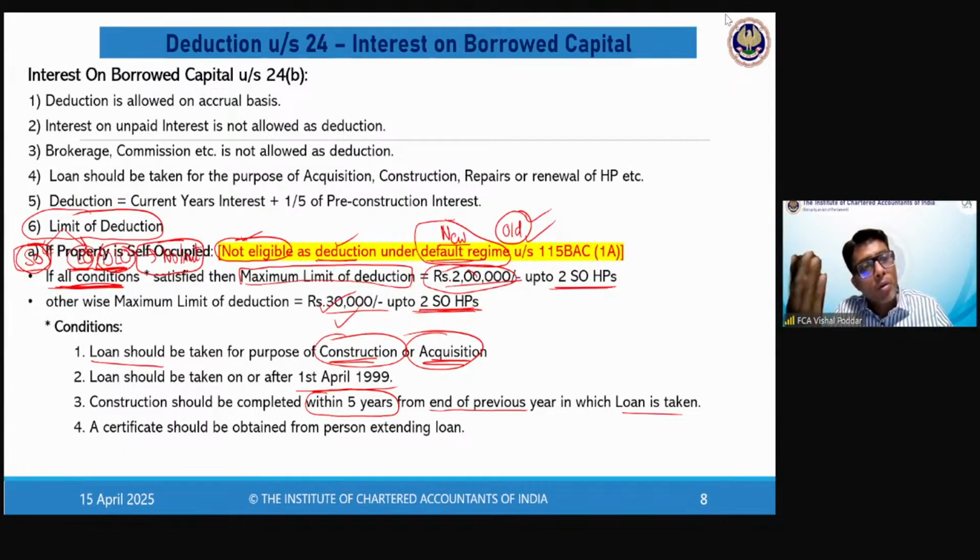So beta, whether the property is let out or self-occupied, you have to do the calculation. That is why I did not explain this limit point first. I first explained the entire computation and said, first you do computation, then you go for all these limits and conditions. So first do computation, current year plus 1/5 pre-construction.